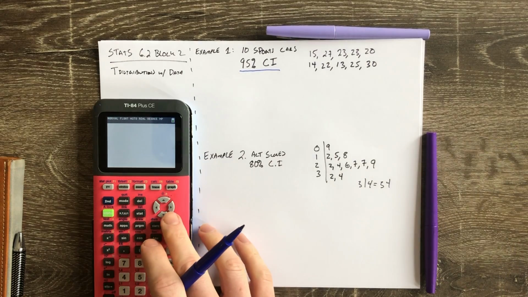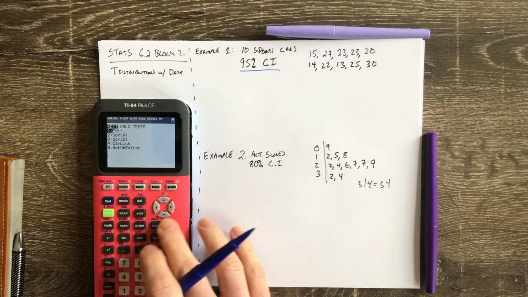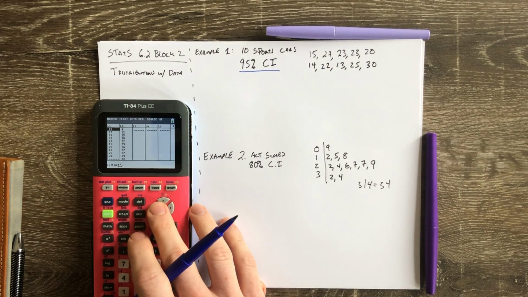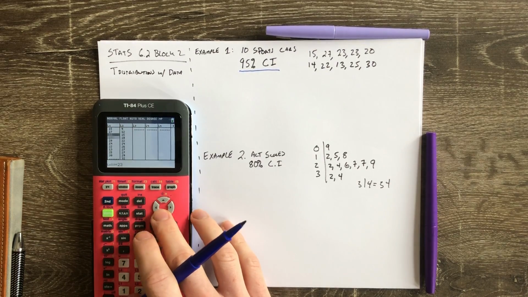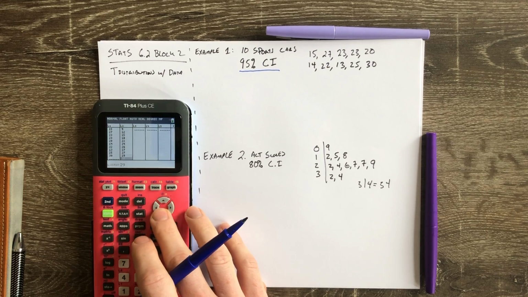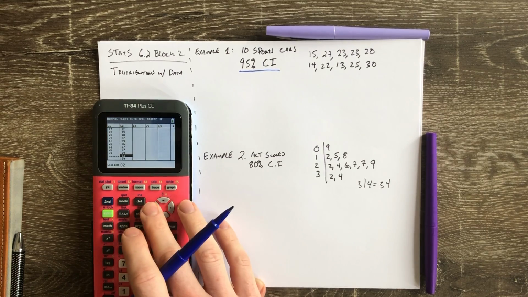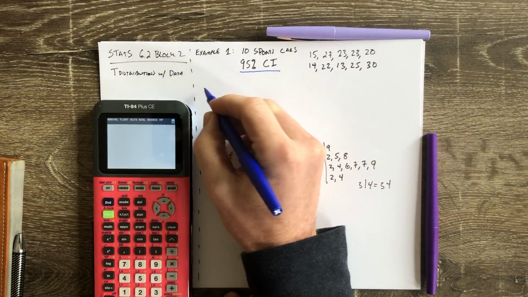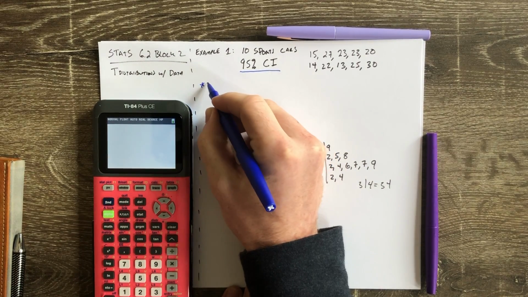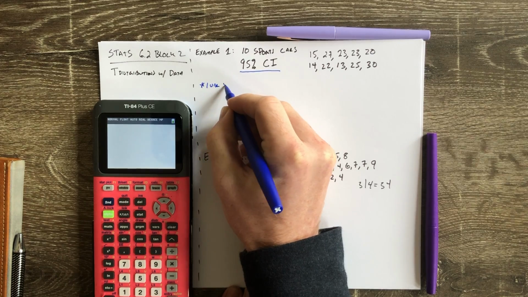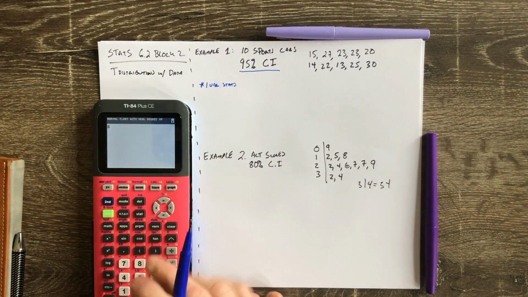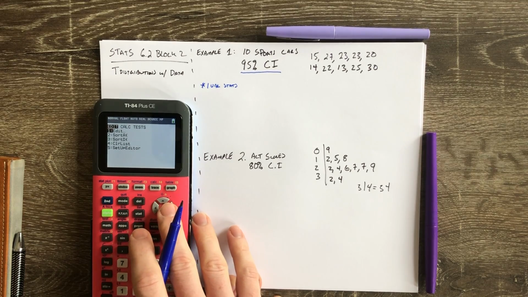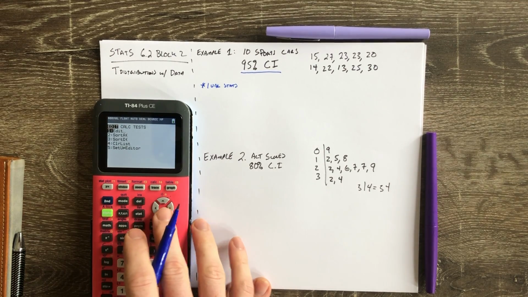So the first thing you have to do is, when you go stat, go to edit, you have to enter all of your stuff. I entered all my stuff for problem number 1 in list 1, and everything for problem number 2 into list 2, right? Now, step 1, always do one variable stats first, because that will preload all of the good information into my calculator.